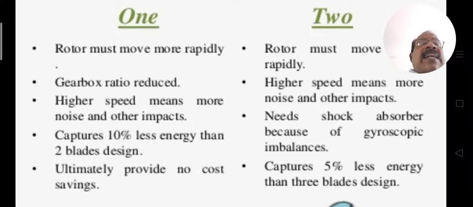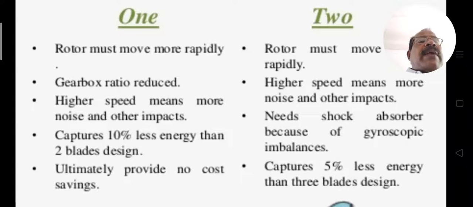So that is a disadvantage, and it captures 10% less energy than the two-blade design, and ultimately provides no cost savings. The one-blade design has only one advantage, the reduced gearbox ratio, but three disadvantages.